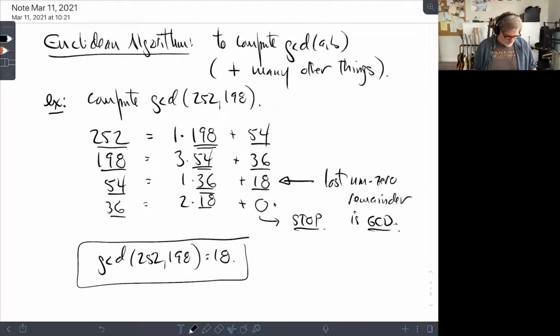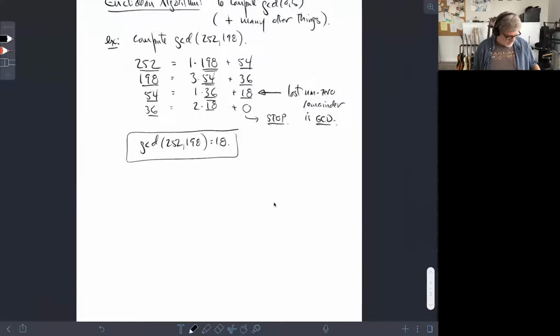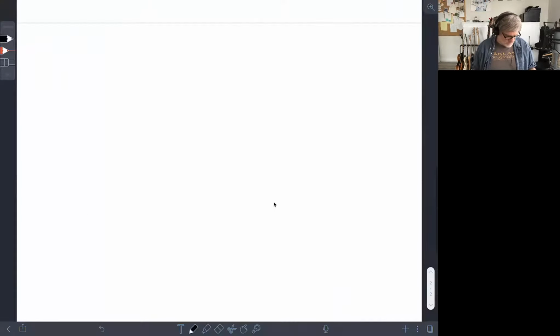Okay, so I want now to move on to Bézout's theorem, which is basically the end of section 4.3. I'll have just a few applications of Bézout's theorem. I'm going to state it, and it's going to look a bit like, what's that all about?